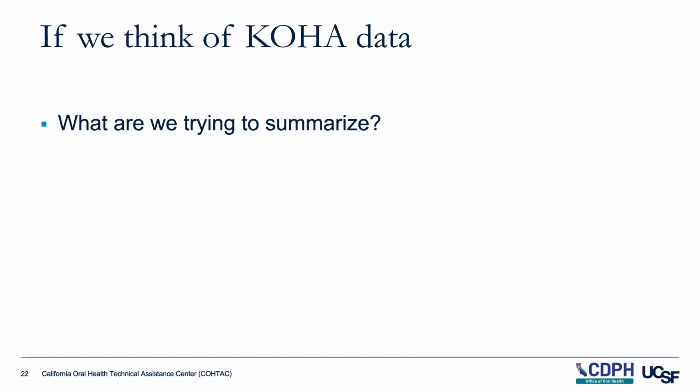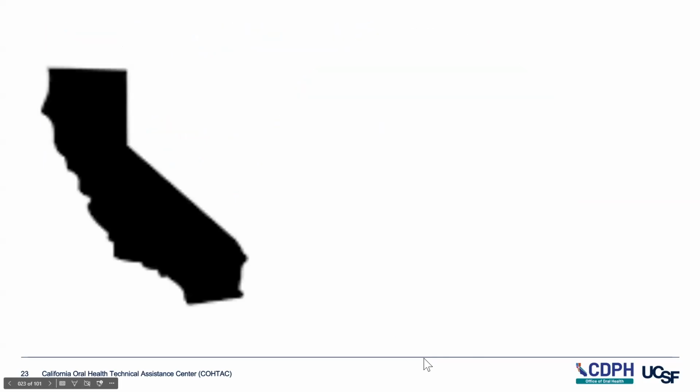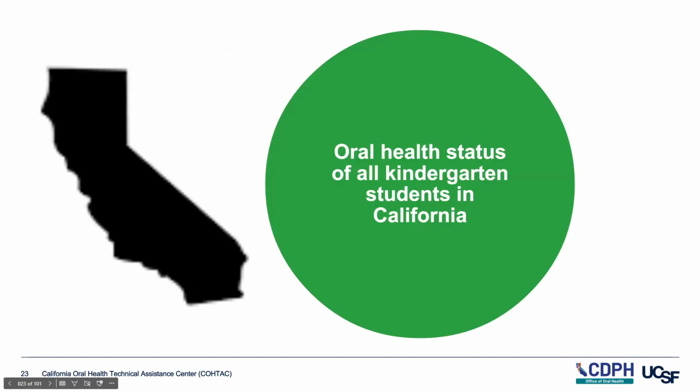All right, so let's take a step back. If we think of COHA data, what are we trying to summarize? We're trying to summarize the oral health status of all kindergarten students in California, right? We're hoping that if we mandate screening for all of the kindergartners, we can then provide a summary of all the kindergartners.